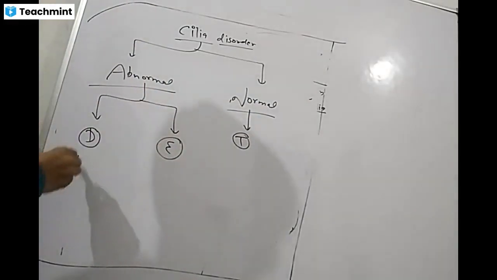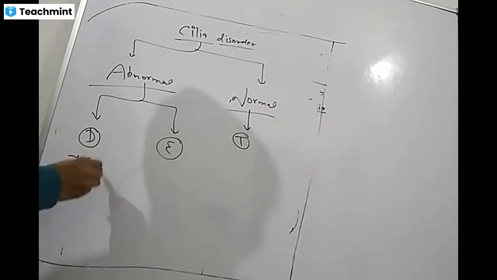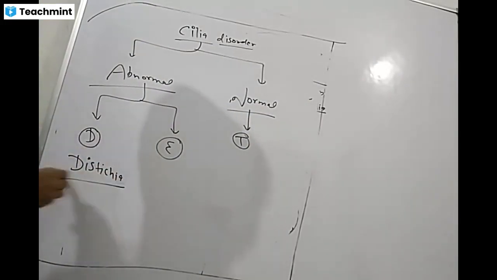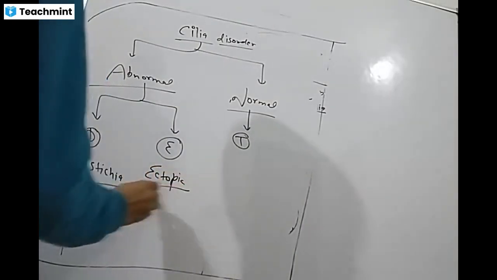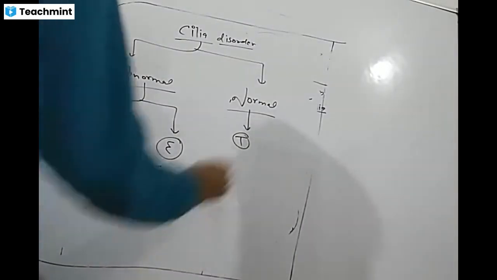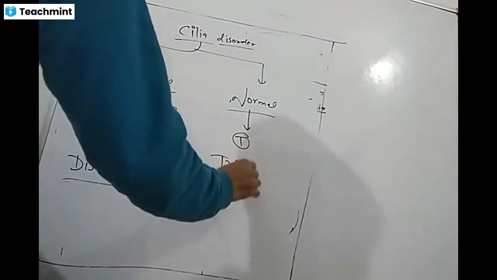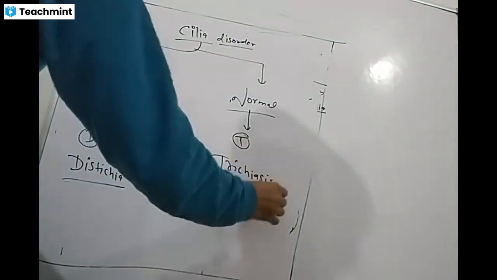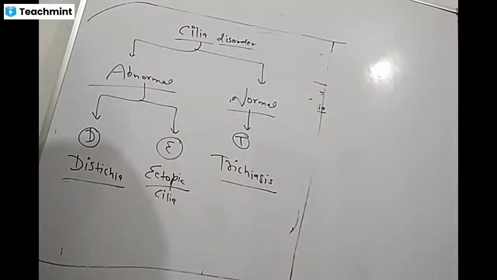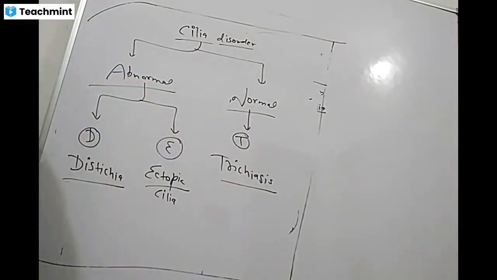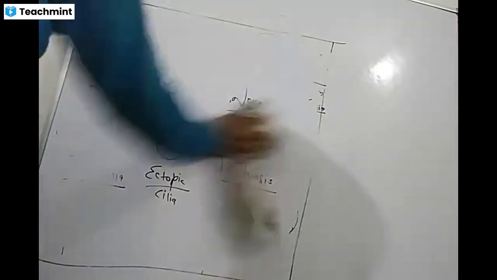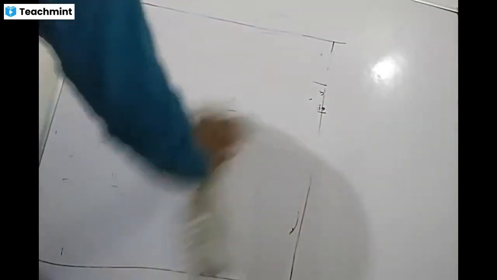D for distichiasis, E for ectopic cilia, and T for trichiasis. So these are the cilia, eyelash disorders, abnormal and normal. We'll see first the abnormal disorders of the cilia.